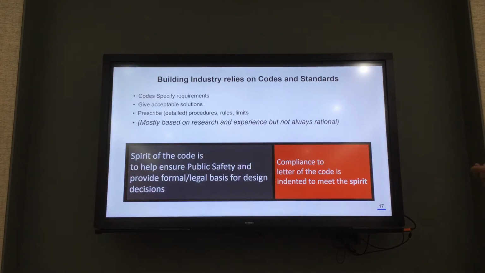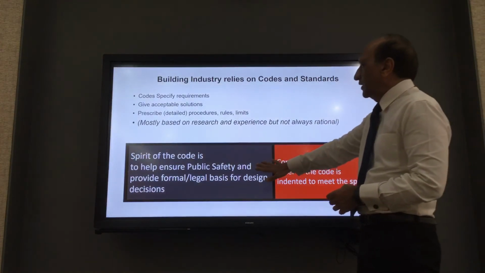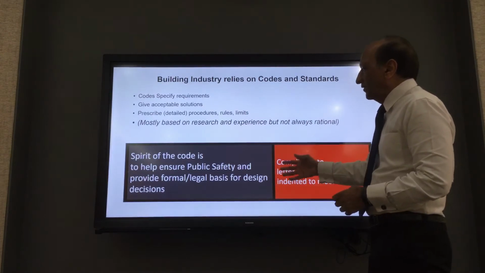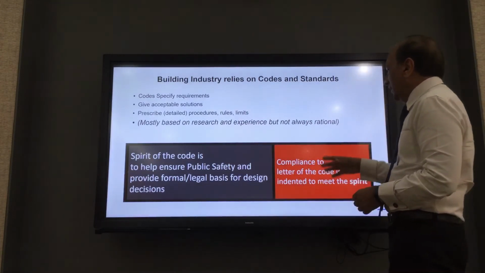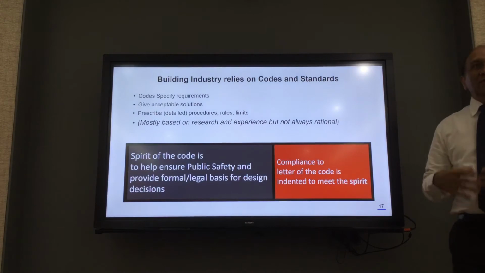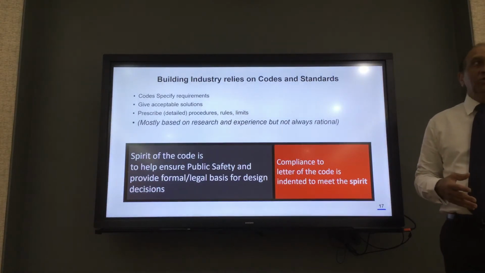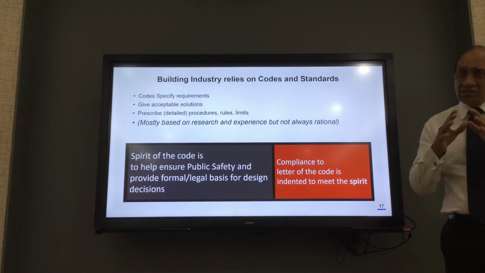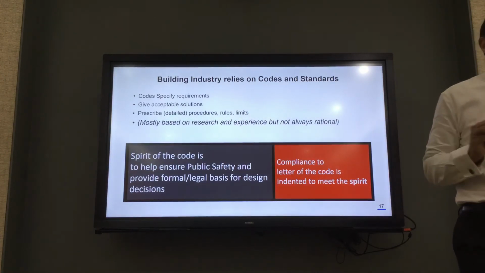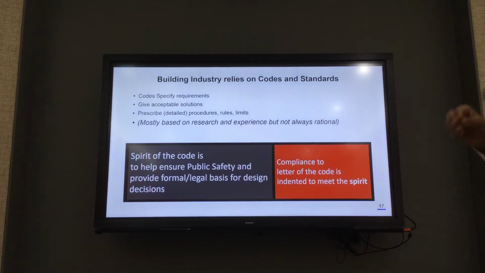Their intention is very good, and their intention is to help ensure public safety and provide a formal legal basis for design, and we assume that if we follow the code, it will be okay, right? But we are not sure. The most important thing is they are not explicit, and I keep saying that many times.